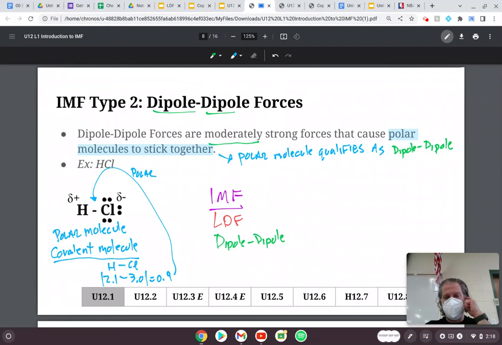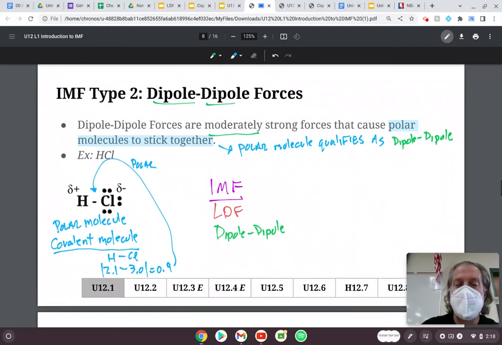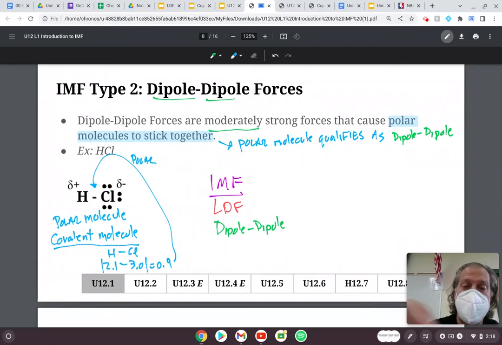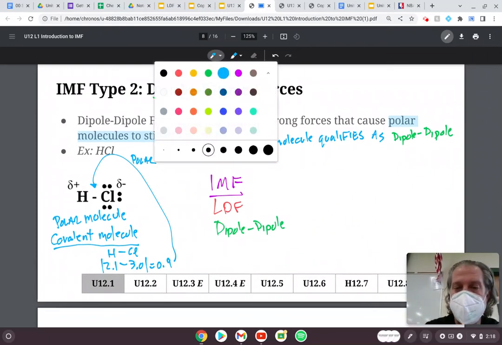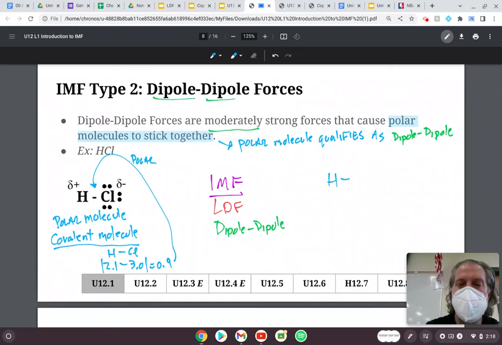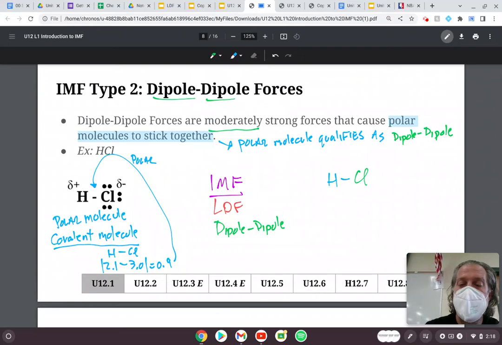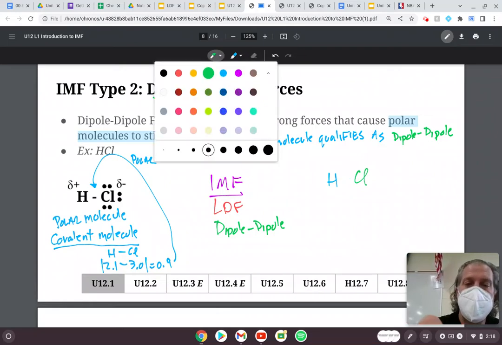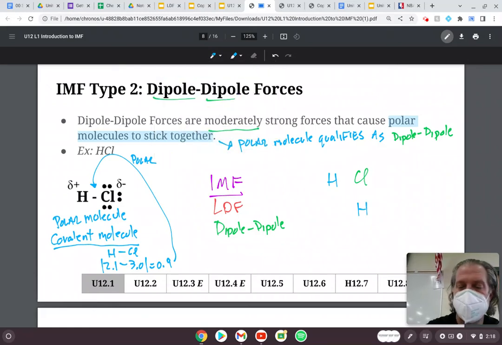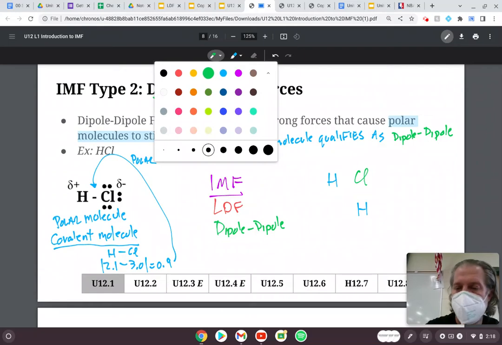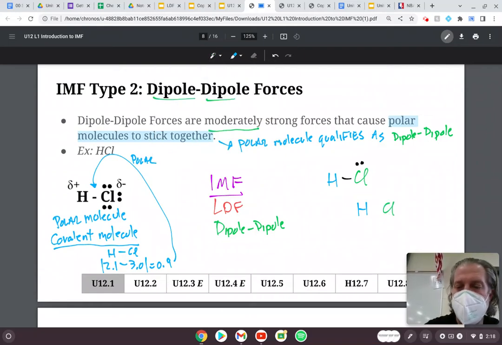So in this instance, when I go to draw this structure matched up with another one like it, I'm going to take hydrogen bonded with chlorine, and another hydrogen bonded with chlorine. And I'm going to bond them together and then add the electrons.